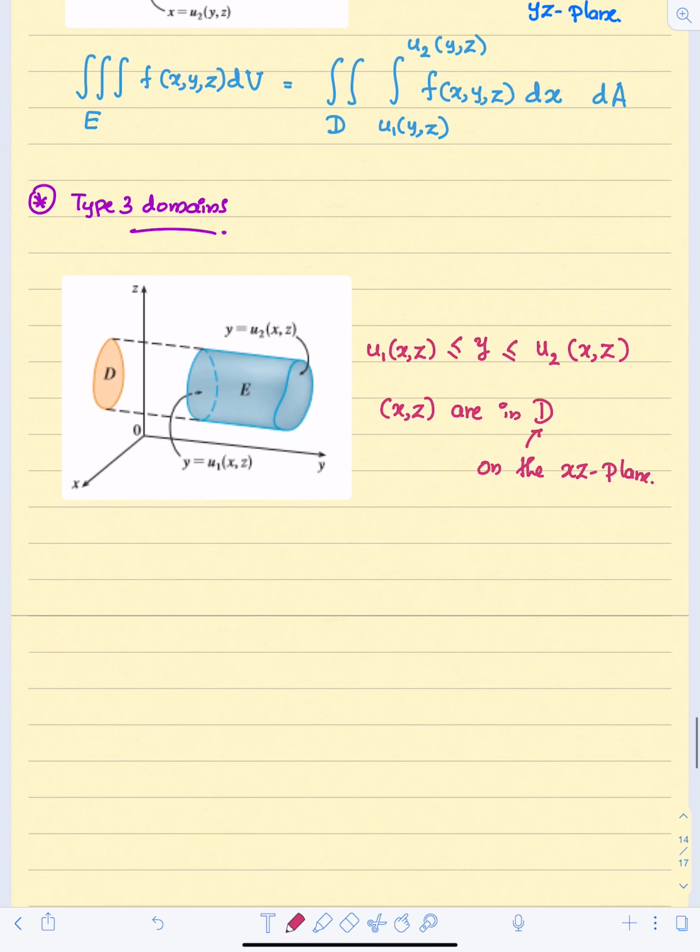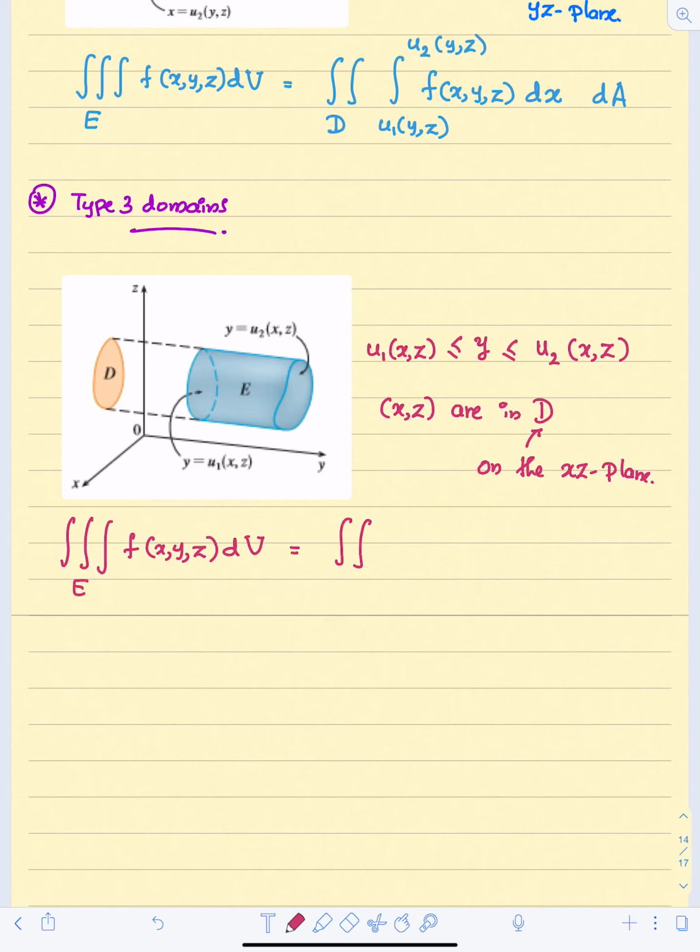Now in this case, the triple integral of f dV over the solid E equals the double integral over the domain D. We have the inner integral, and now my first variable of integration should be y, then dA. And what are the limits of y?